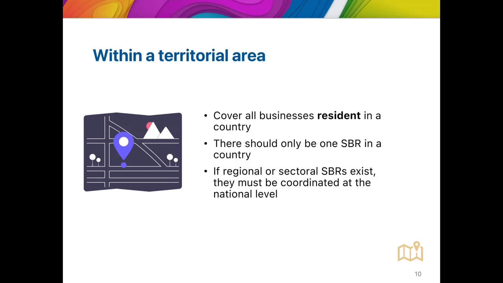Different government agencies like tax authorities or labor ministries can reuse the same information rather than creating separate registers when there is a single central SBR in the country. But if there are regional SBRs, they must be coordinated at the national level to maintain data consistency and avoid duplication.